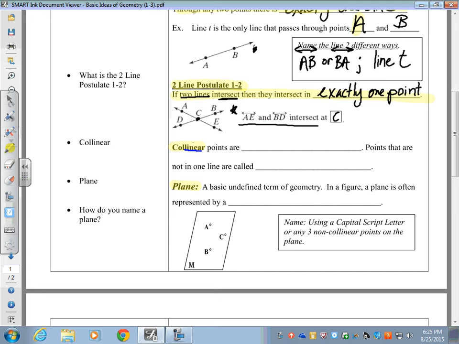So if it's collinear, okay, think about that. If you are codependent or if we coexist, right? We have collinear points, okay? So we're talking about collinear points. Collinear points are on, basically, the same line.